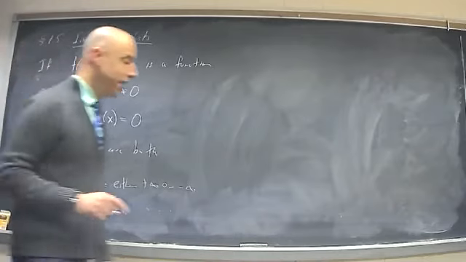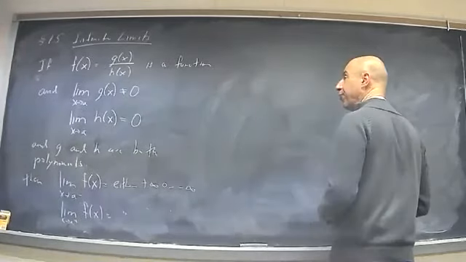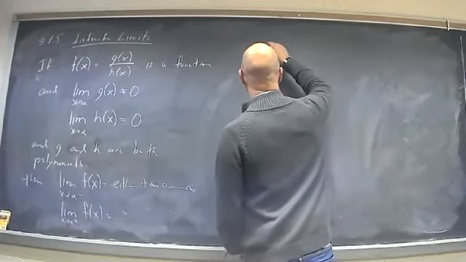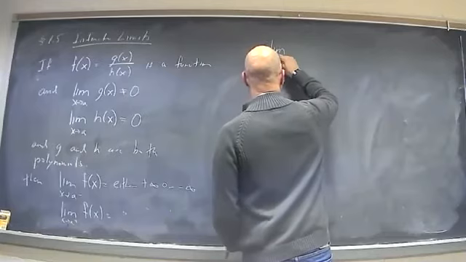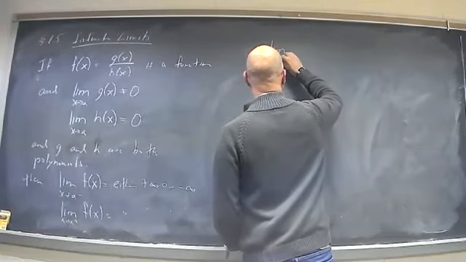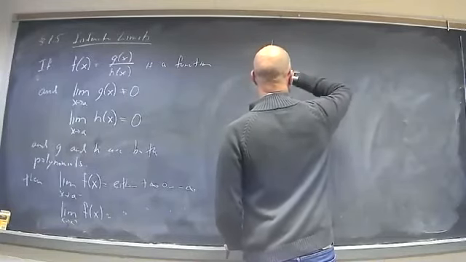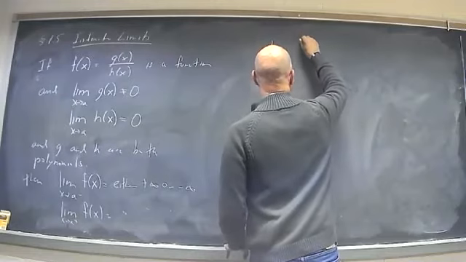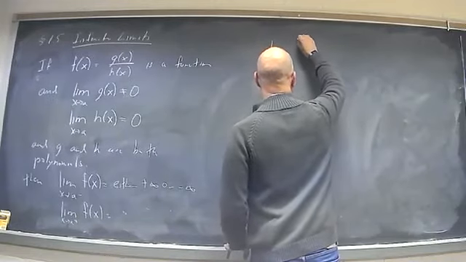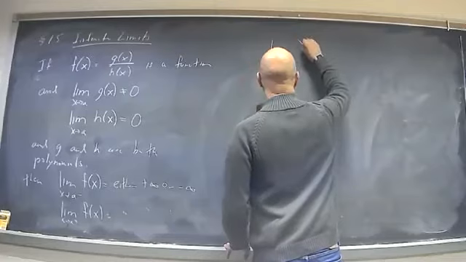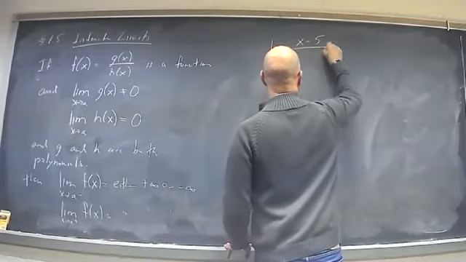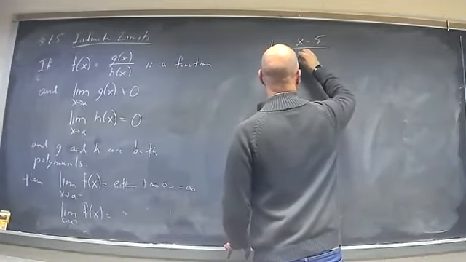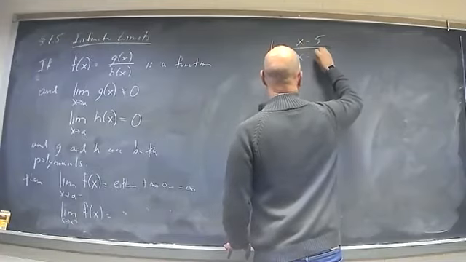So let's go ahead and take a look at an example. Let's take a look at the limit as x goes to 2 from the left of x minus 5 over x minus 2.